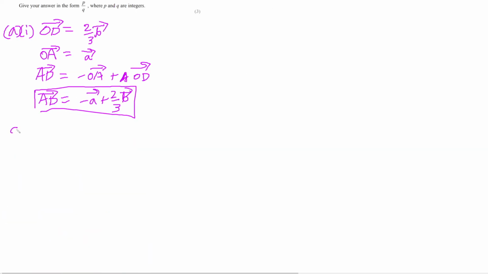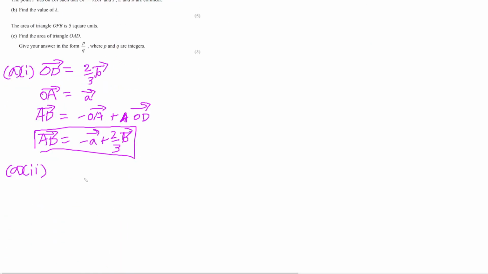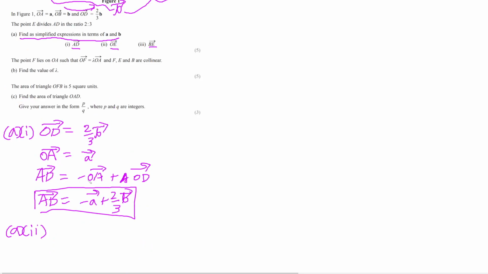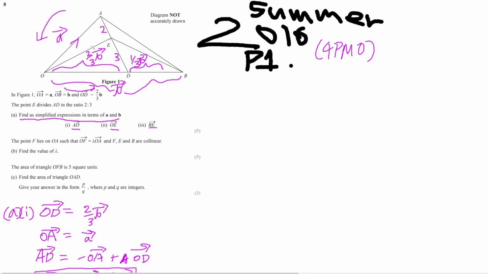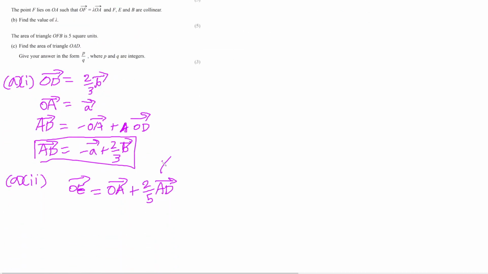So if you want to put that all in writing, you have, from this diagram, OA followed by AE. That is, your target OE is equal to OA plus 2 over 5 AD, as we are given the information that AE is 2/5 of AD. So we just make clear that this is the segment AE, or the vector AE.